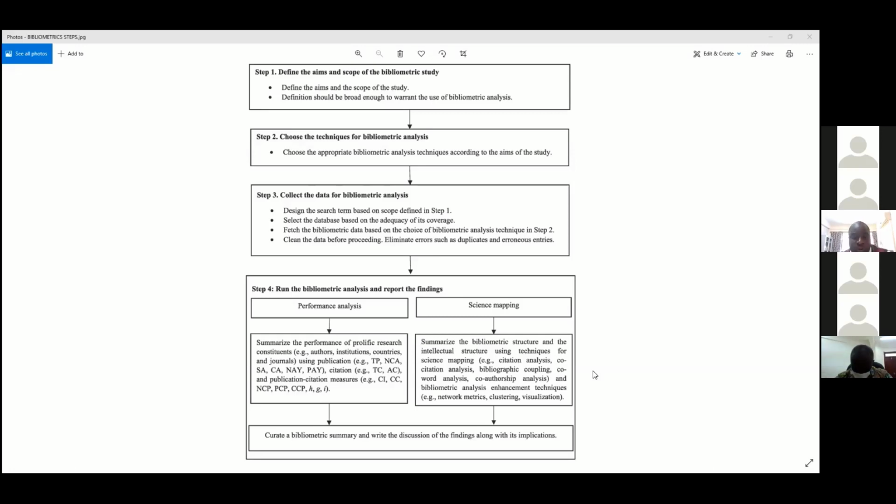And then, of course, the information that you get, you then curate and summarize it, and then you present the findings. And a key element of that analysis will be to indicate the implications of what you have found. If, for instance, you found that UHAS partnership is broadly in the global north, then the implication will be that UHAS needs to foster much deeper collaboration with universities in Ghana and the sub-region.